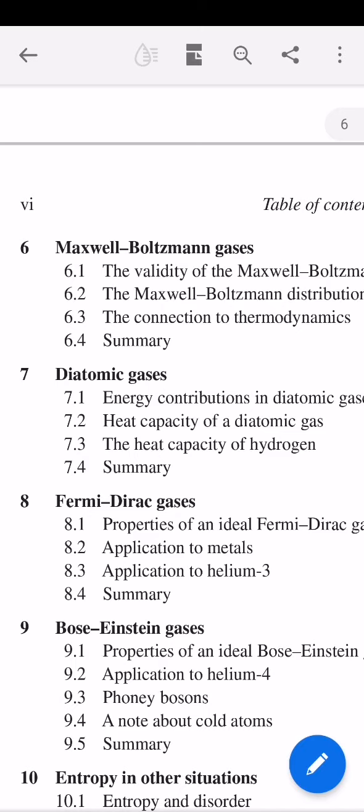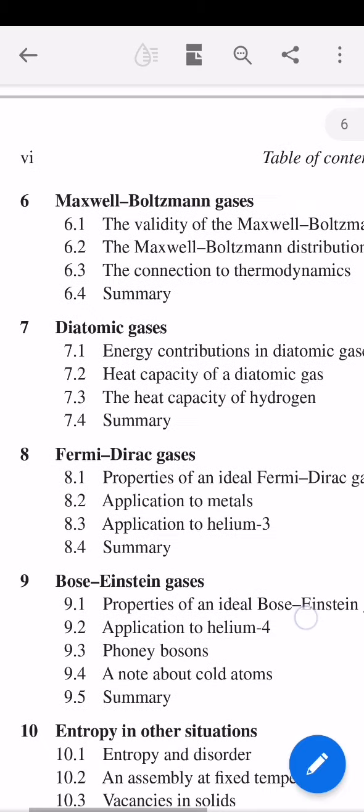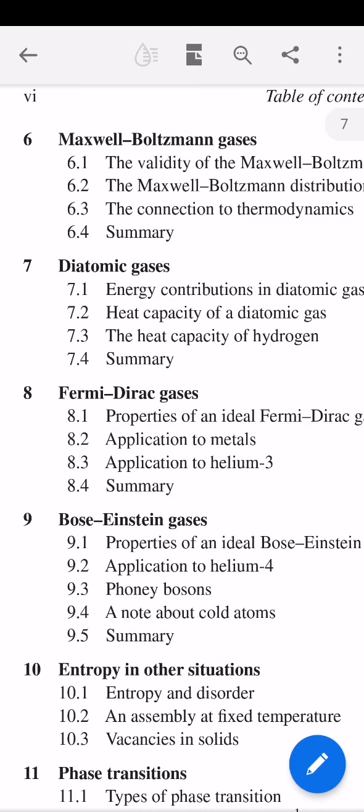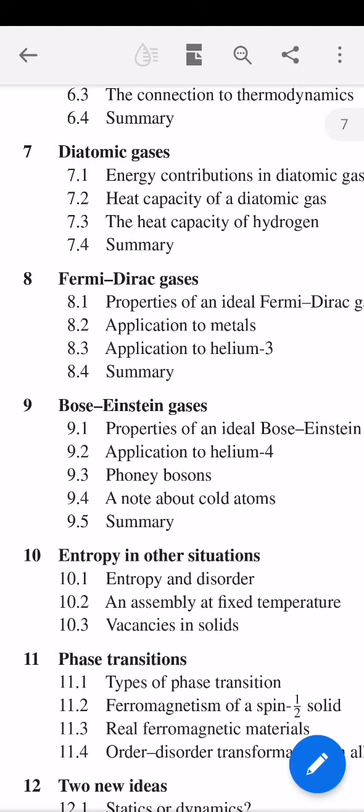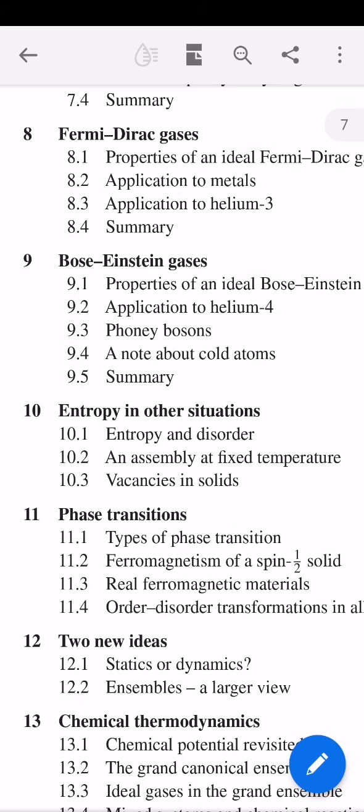It also applies to metals, ionized noble gases. And then chapter number 9 is about Bose-Einstein gases, and it's to do with helium 4. And then chapter number 10 is all about entropy and order, chaos, followed by phase transitions.